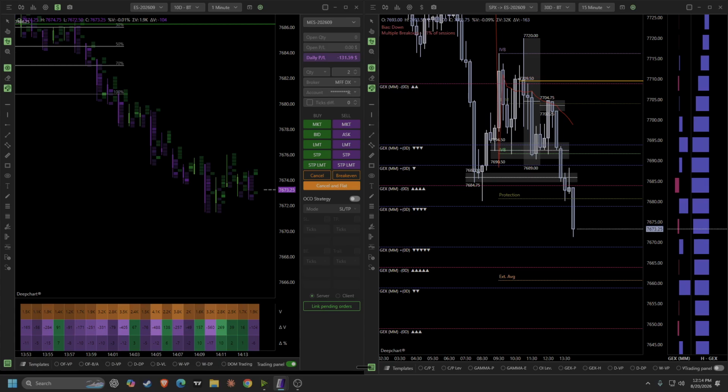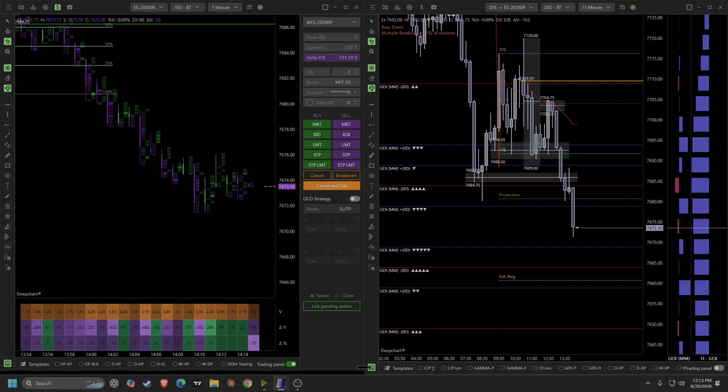Yeah, a little more room to the downside, I think, with that lower high. That's what we want here, a lower high and a lower low.